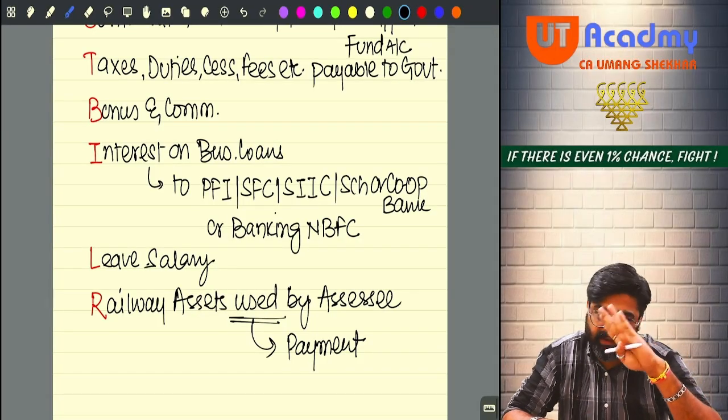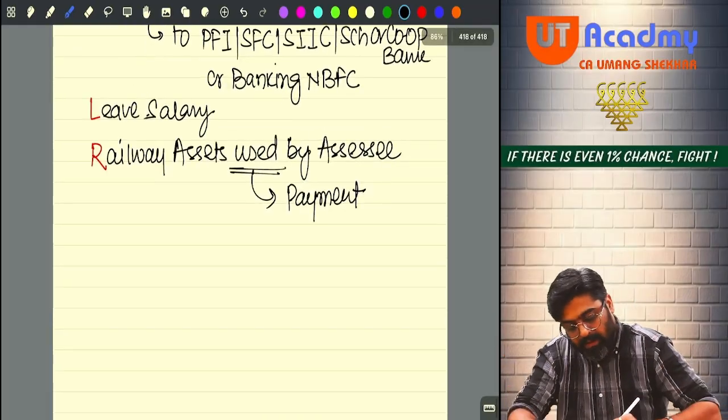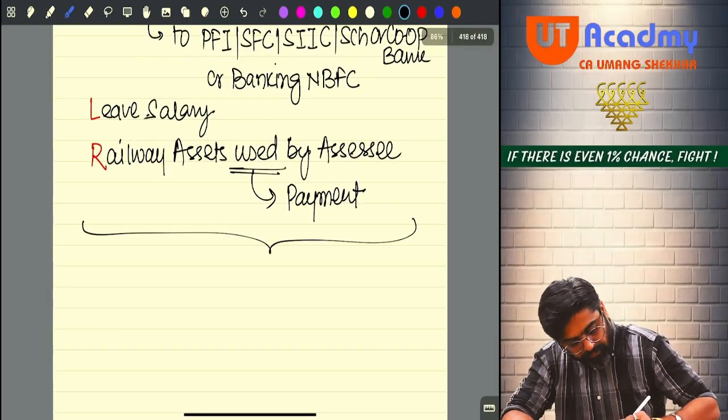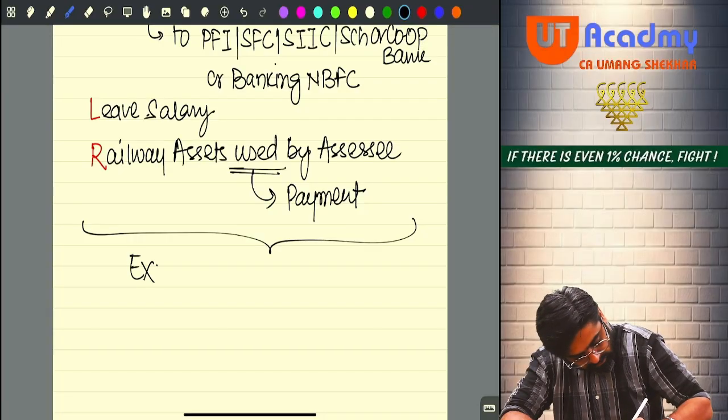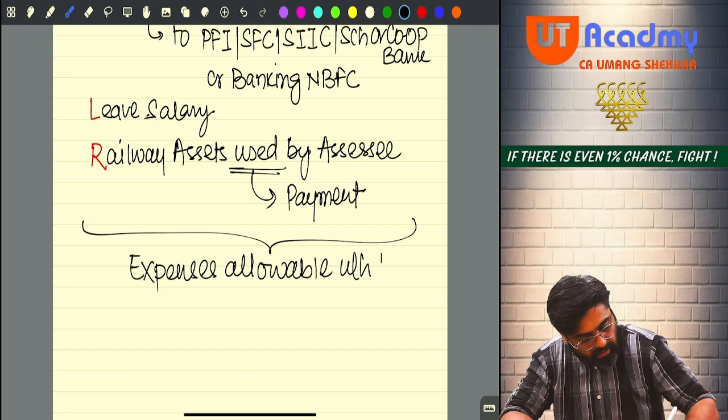Now all these deductions you are supposed to get under the PGBP head, meaning these are the expenses allowable under the head PGBP.